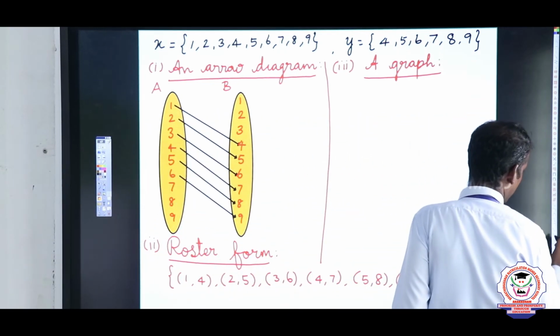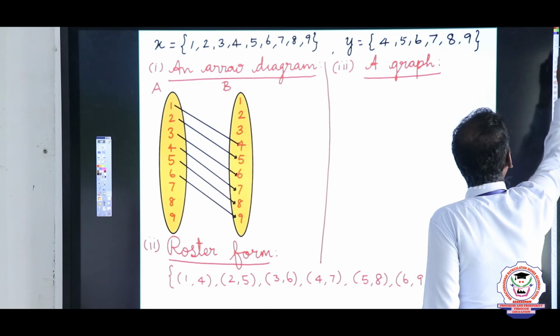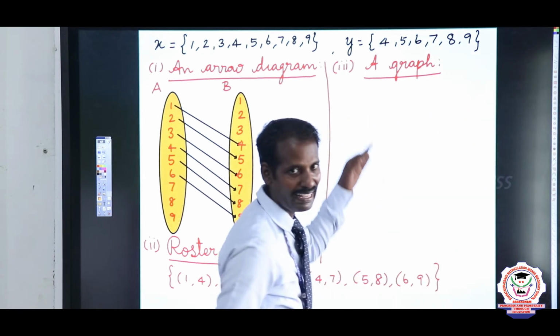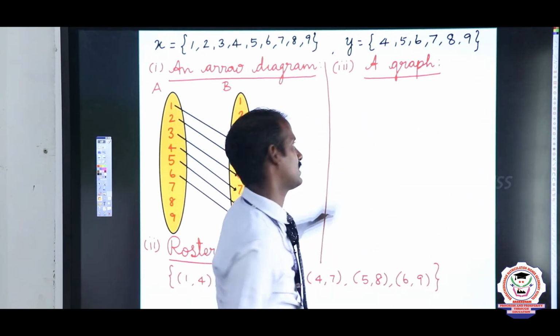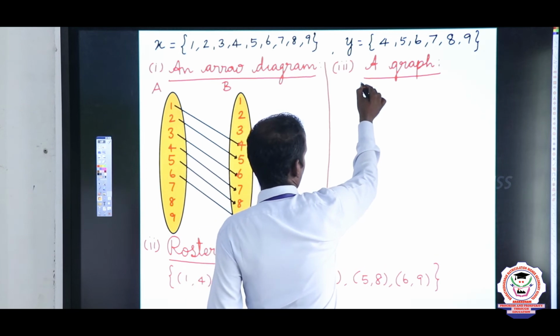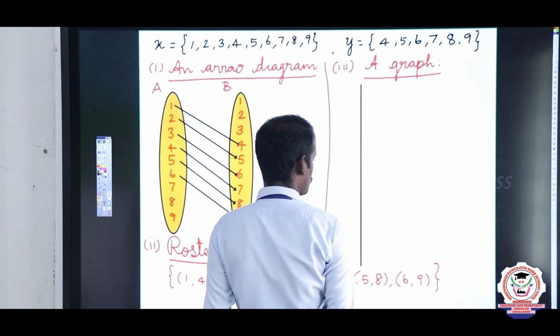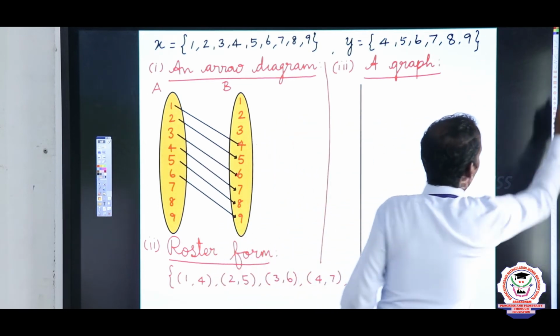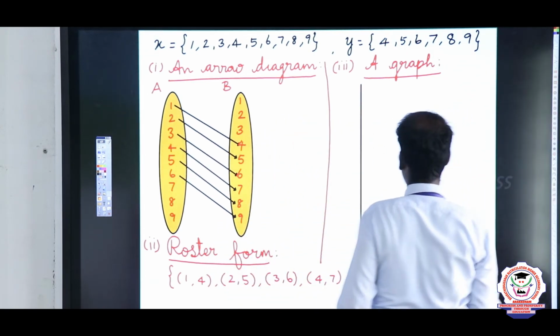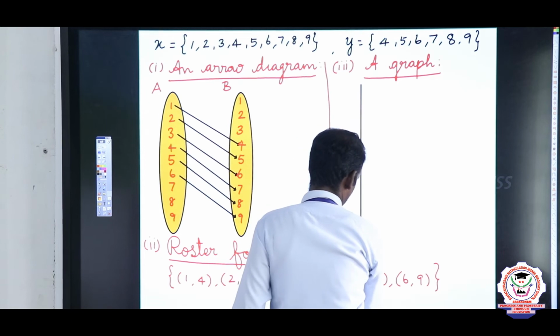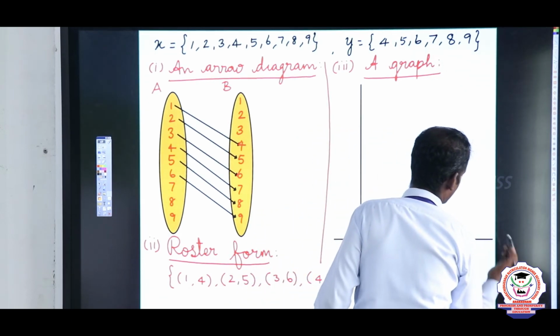How to draw the graph? Vertical line is called y-axis. And then horizontal line is called x-axis.